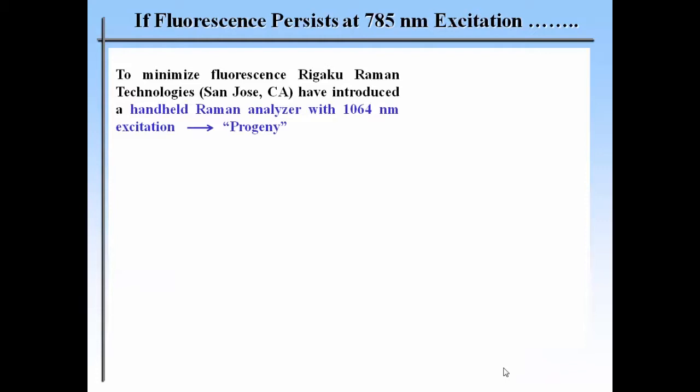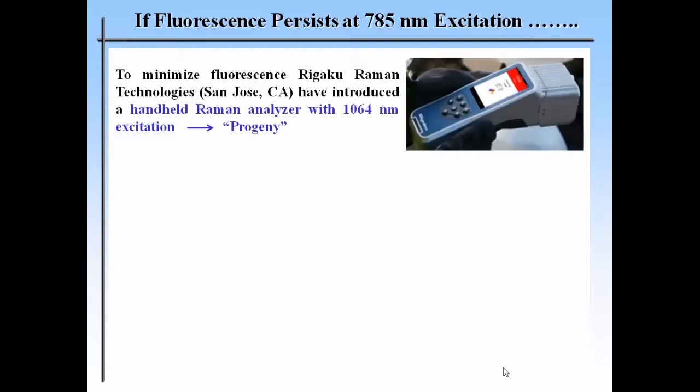If fluorescence persists at 785 nanometer excitation, recently, Rigaku Raman Technologies has come out with this instrument I've shown you. It was shown the first time at the Pittsburgh conference in March this year, the so-called Progeny.